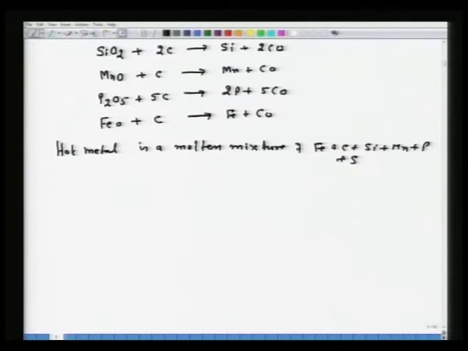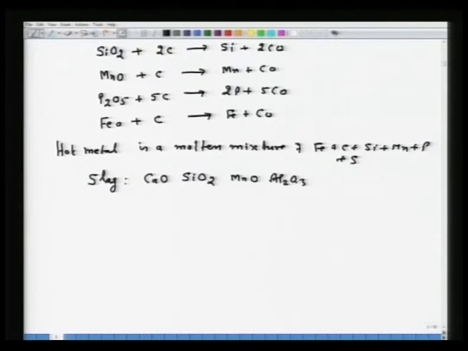So, this hot metal formation is accompanied by the formation of slag, such that the gangue minerals are separated. Slag typically consists of CaO, SiO2, MnO, then Al2O3.